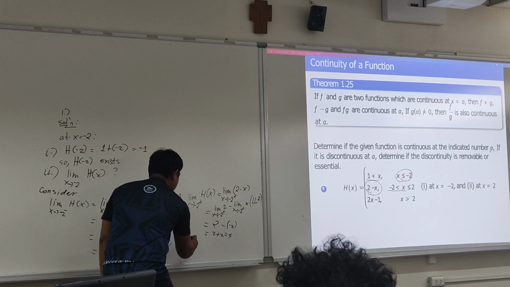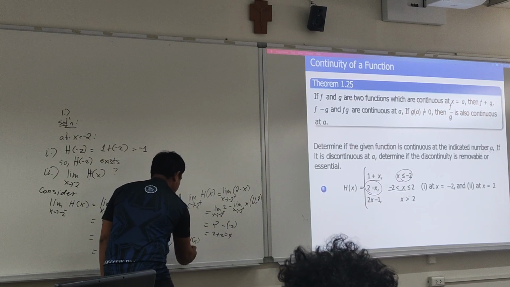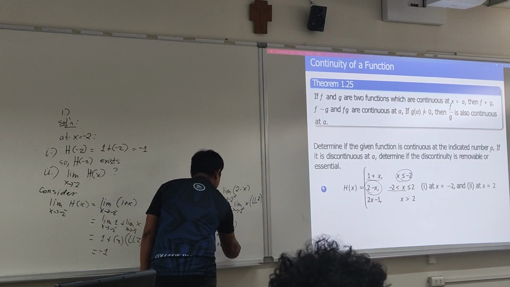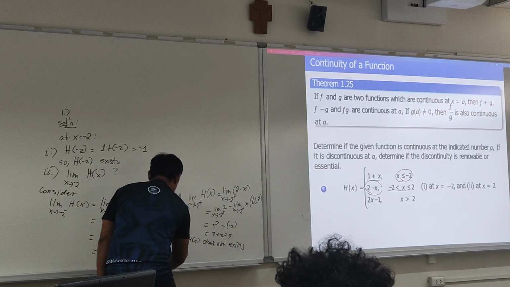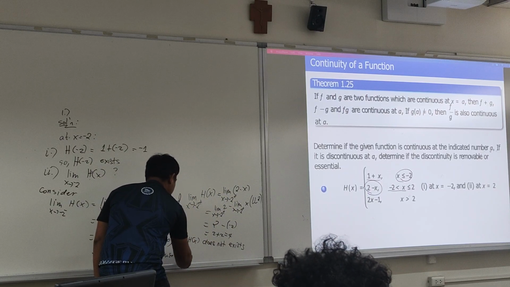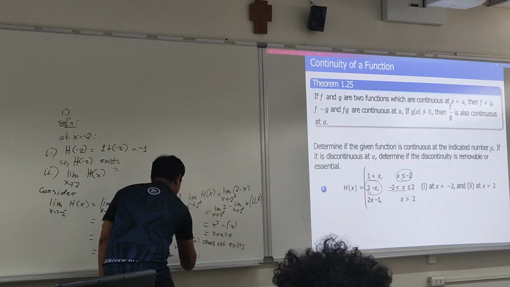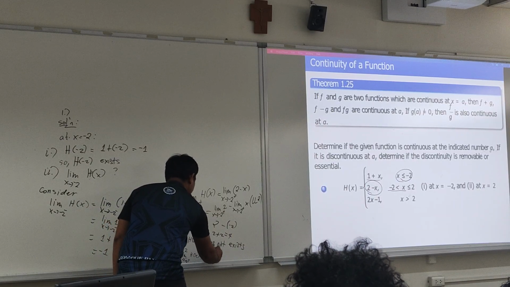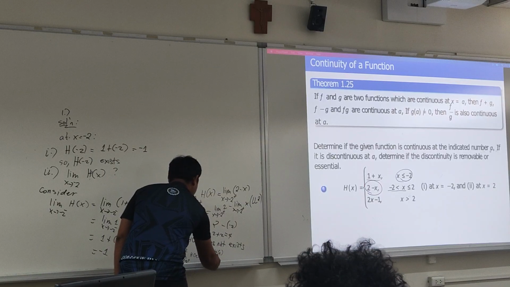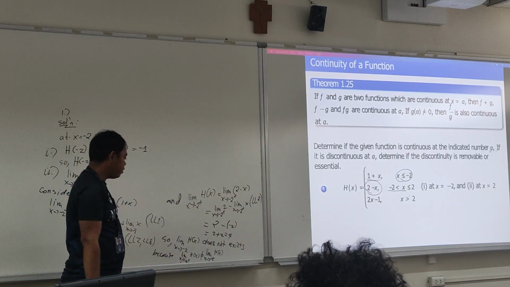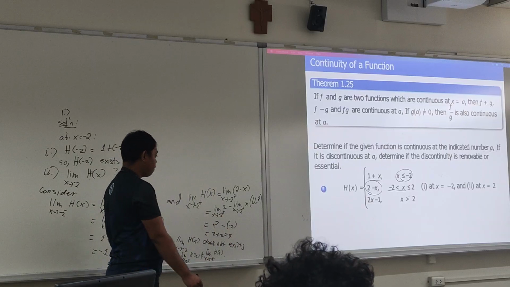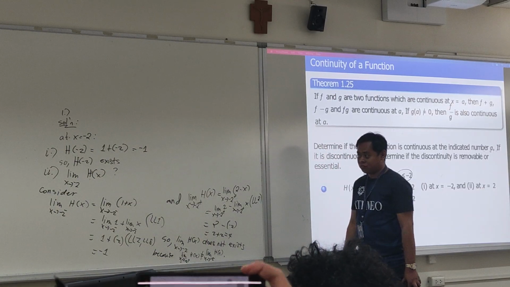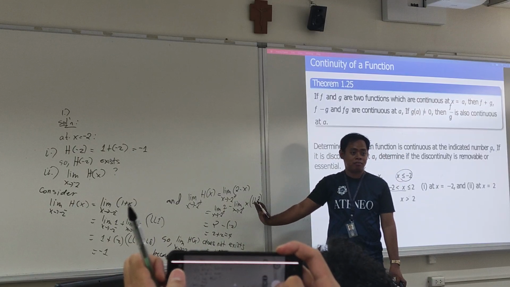So the limit of your function h of x as x approaches negative 2 does not exist, because the limit of h of x as x approaches negative 2 from the right is not equal to the limit of h of x as x approaches negative 2 from the left. That is the reason. So we no longer proceed to the third condition. It already failed.